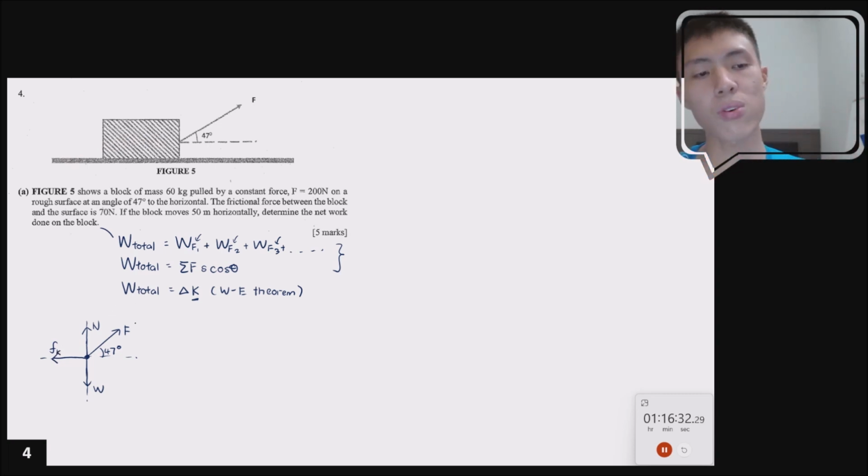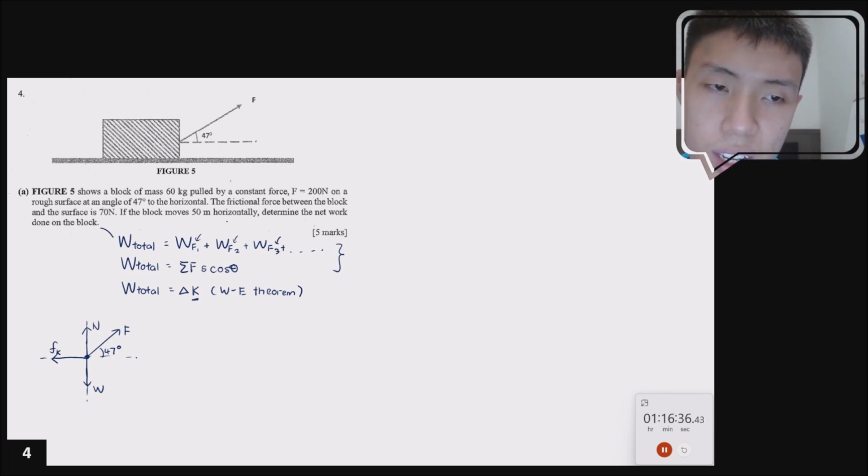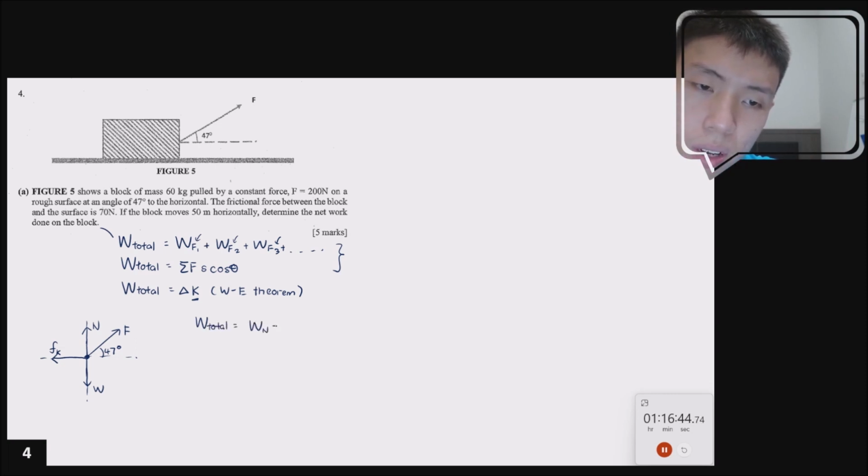Now once we have everything ready, we will find the work done for every single force. That means that if you want to find work total, you have to find work done by normal, work done by weight or gravity, work done by the kinetic friction, plus work done by the external force.